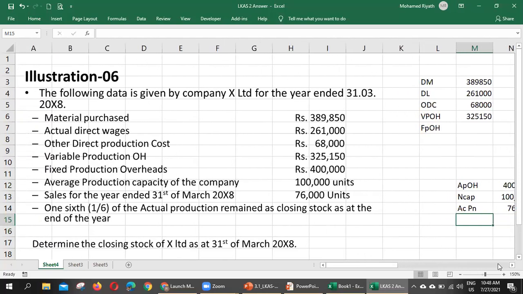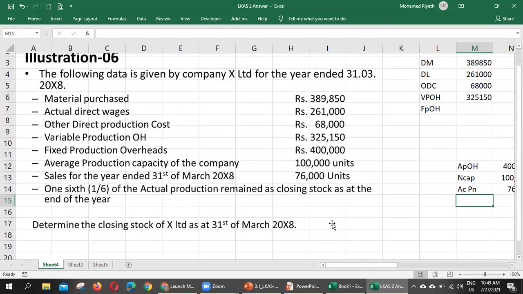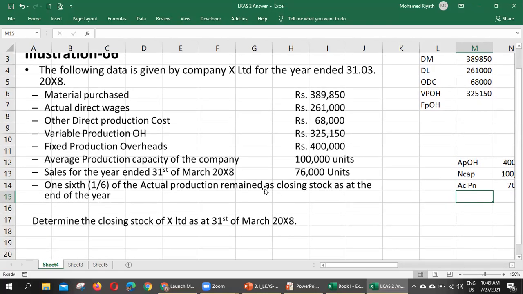Sales for the year are 76,000. 1/6 of actual production remained as closing stock at the end of each year.